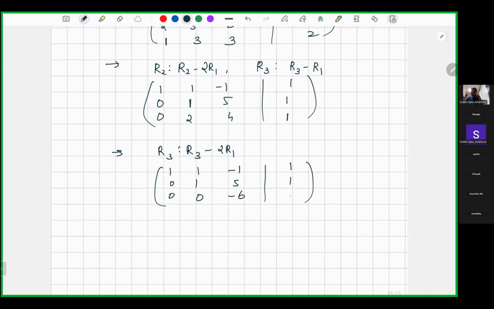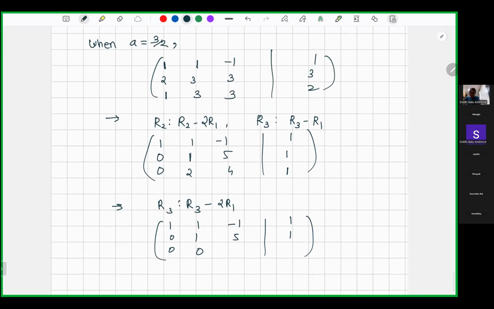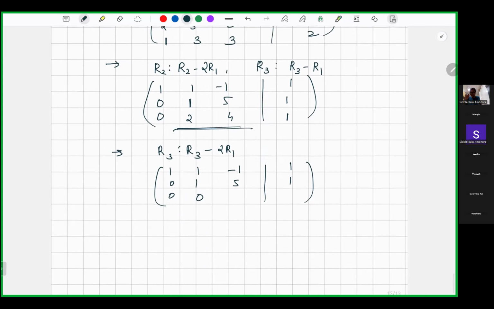And here it should be plus 6, because minus 2 R1 will become minus 1. I mean 2 plus 2, and 4 plus 2, 6. Before that, is this correct here? This calculation is correct so far, right? Yeah, looks like that.